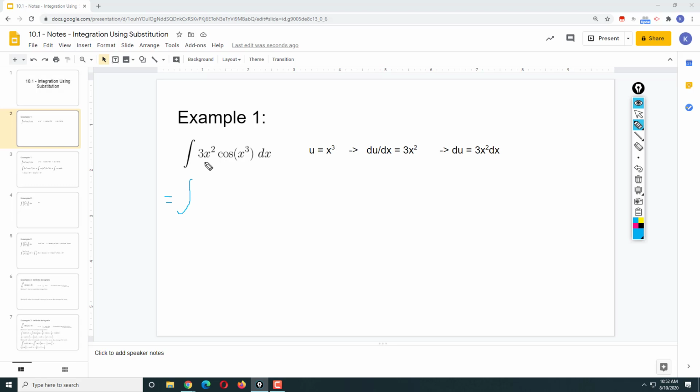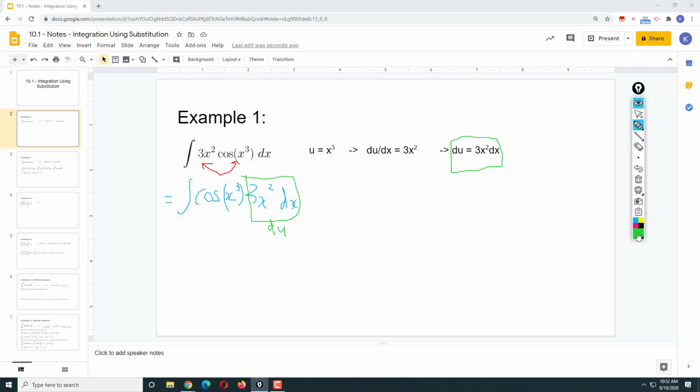I'm just going to rearrange the cosine x cubed and 3x squared, just write it in a different order to make it more clear. So I'm going to write the cosine x cubed first, times 3x squared dx. But we see that 3x squared dx is just equal to du.